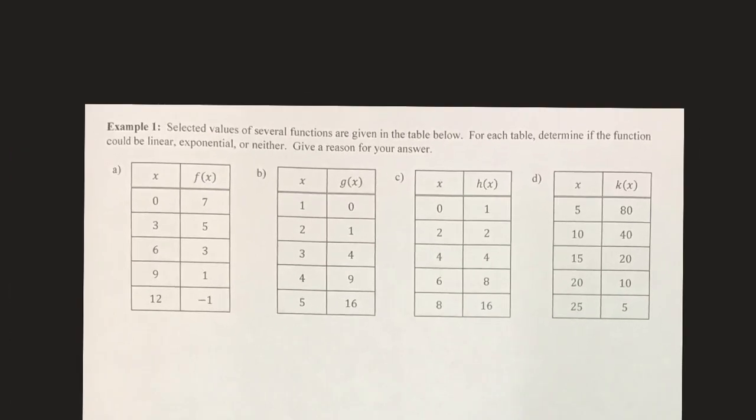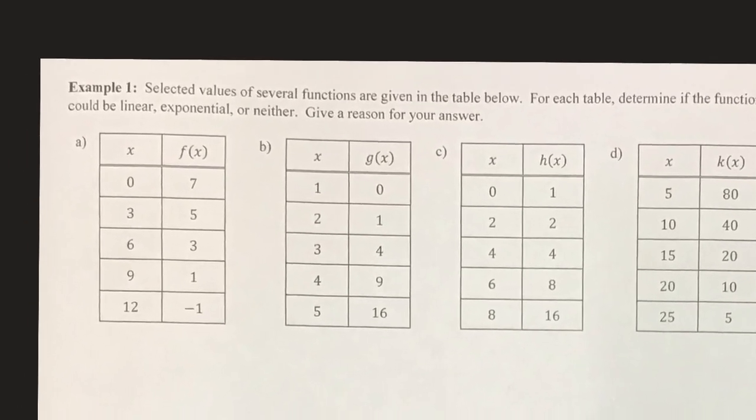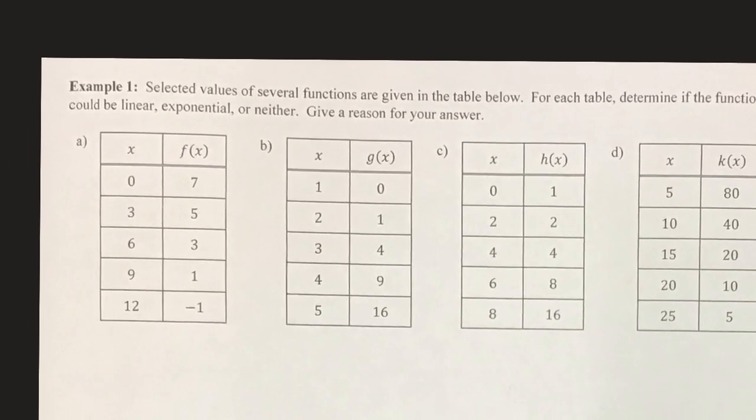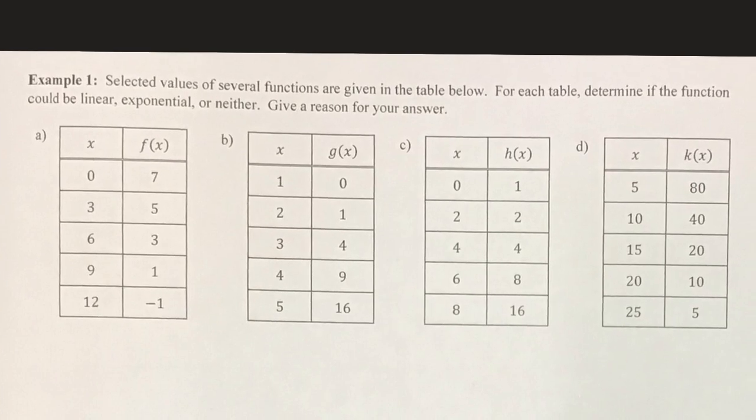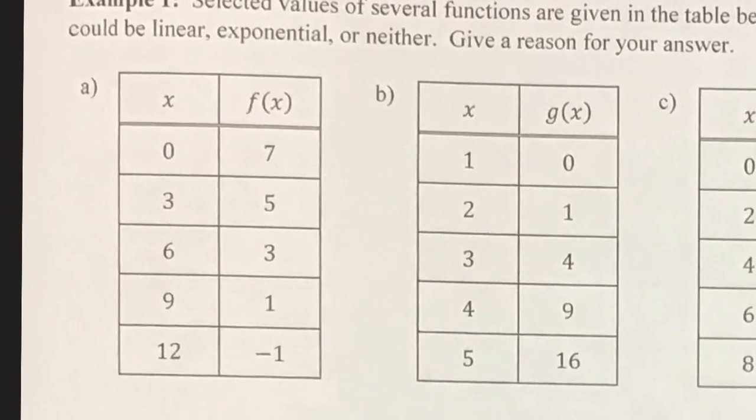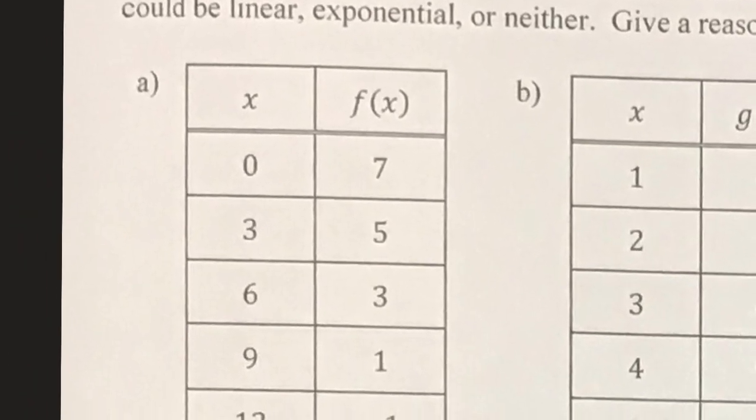So let's look at some of these in practice. So here we have a bunch of tables, right? We have x values and y values, and we want to know what type of a function best models these values. So the first thing we look for is our delta x. Do our x values have a constant interval change? Right?